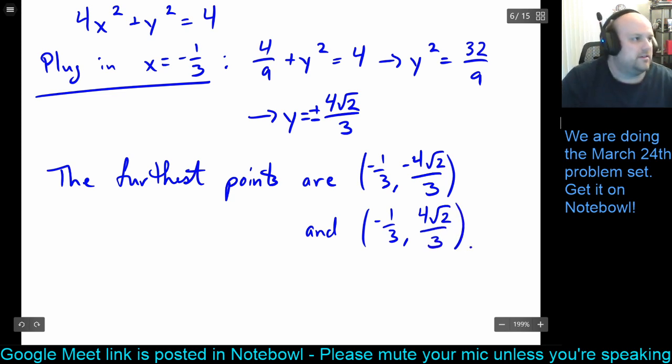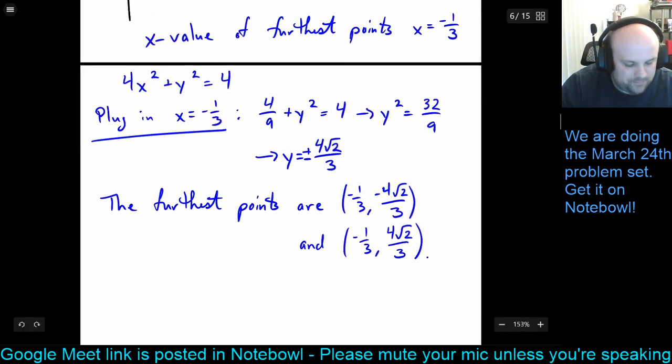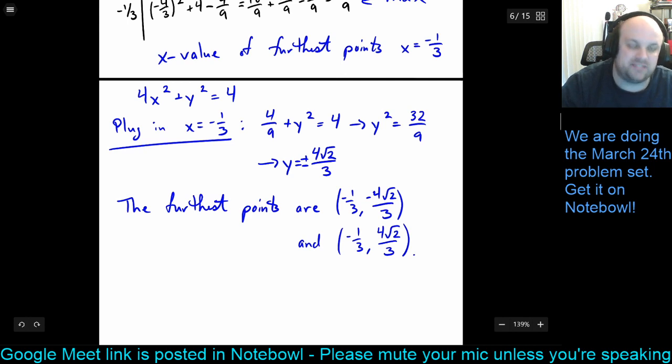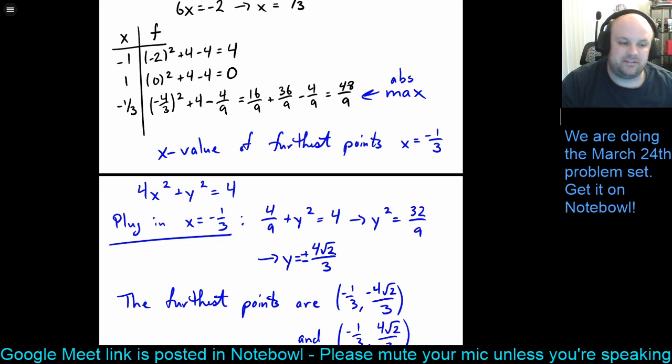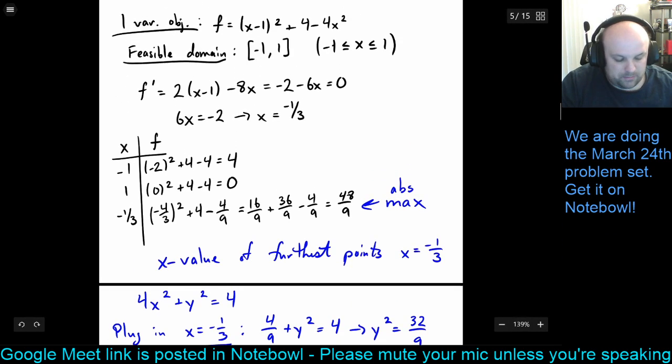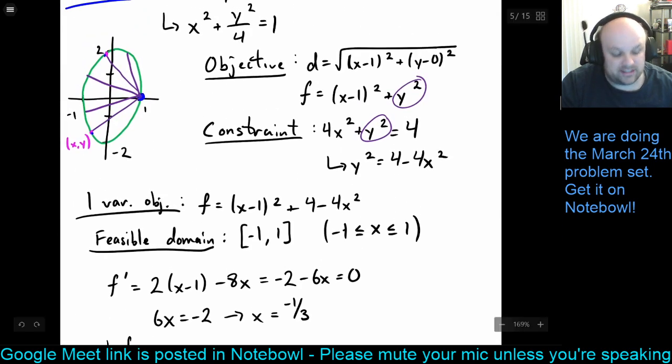Right? So it's important to keep in mind what exactly the problem is asking us, right? And when we do the calculus and solve the parts of the problem here, what parts are actually relevant, or what they're telling us.